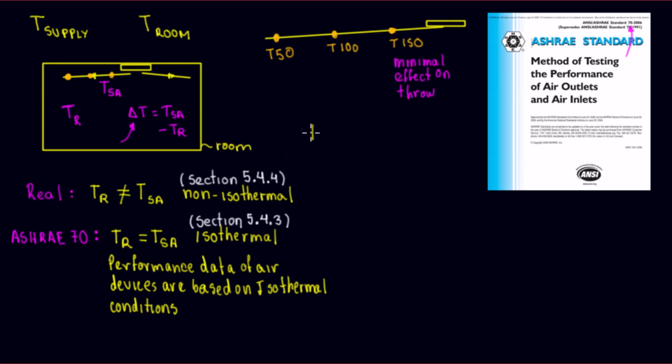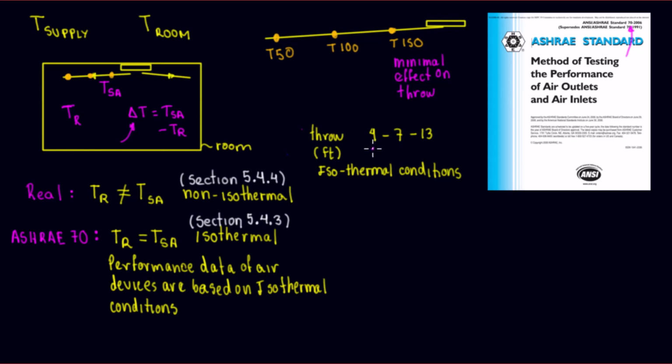For example, my throw is 4, 7, and 13, and this throw is in feet. This is based on isothermal conditions. That's what the manufacturer says, right? So see, if the throw is 473 at isothermal conditions, I'm going to make this again in pink.